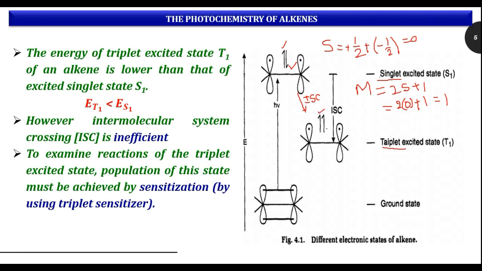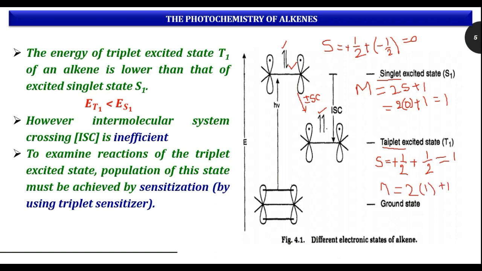Here you can see the total spin: it is plus 1 by 2, and the next one also has the same direction, so we take plus 1 by 2 again. Total 1 by 2 plus 1 by 2 is equal to 1. So now multiplicity is equal to 2 into the total spin, which is 1, plus 1.